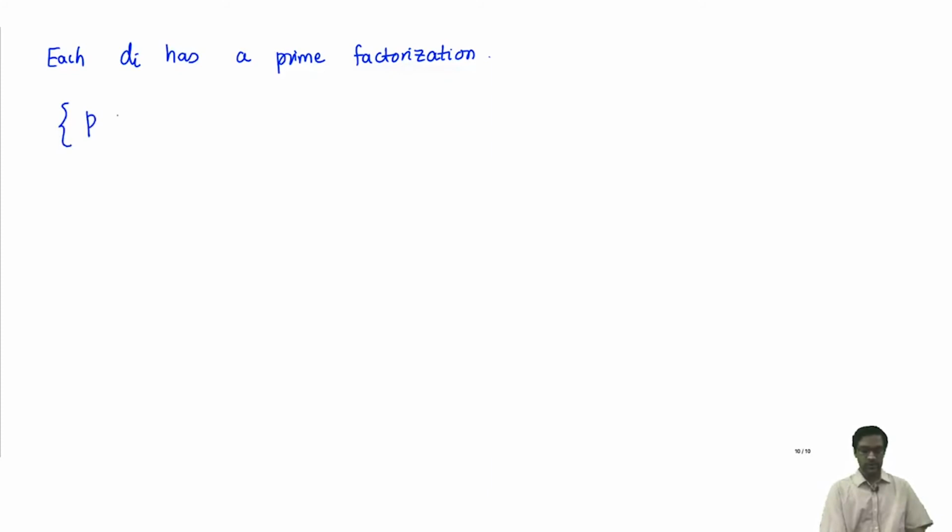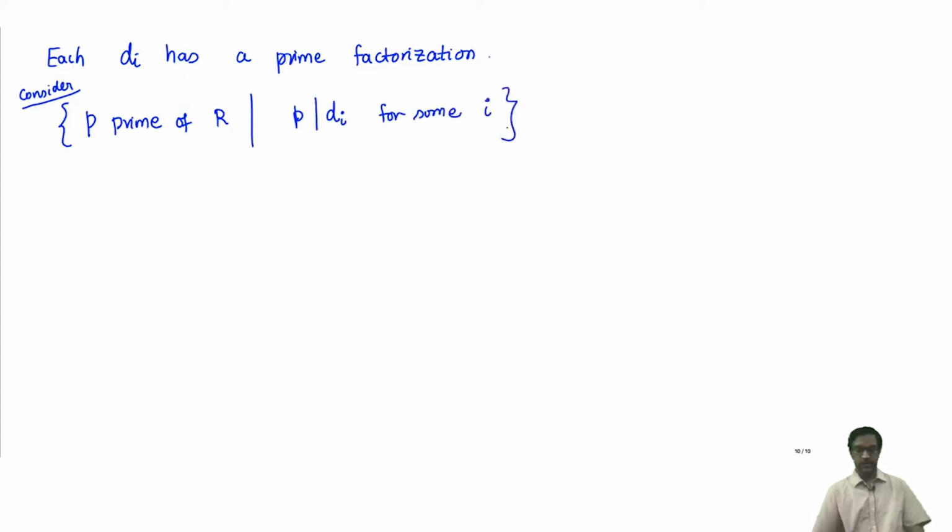Okay, so consider the set of P, prime of R, such that P occurs in the prime factorization. In other words, P divides di for some i, for some i from 1 to n. So I will take the union of the prime factors of all the di's.